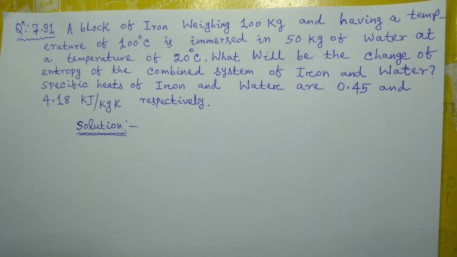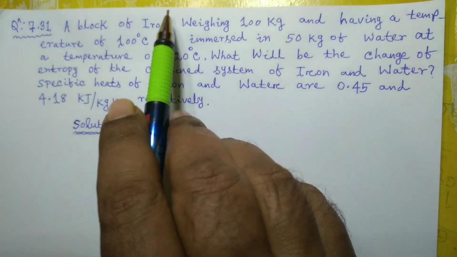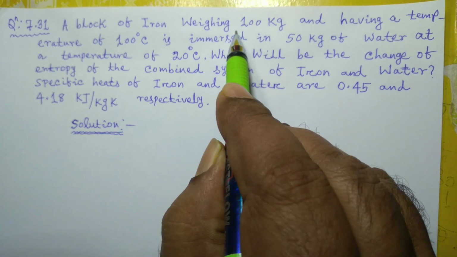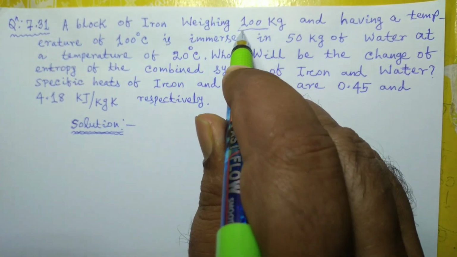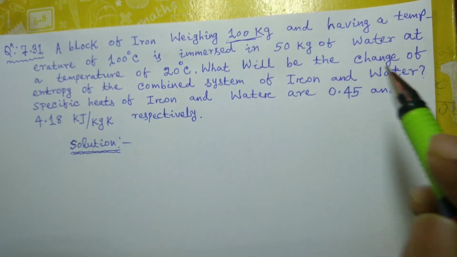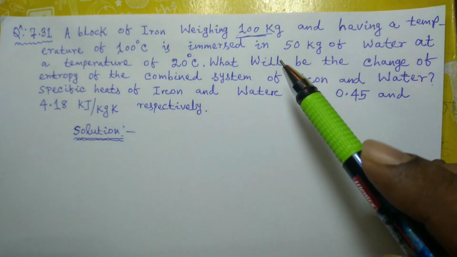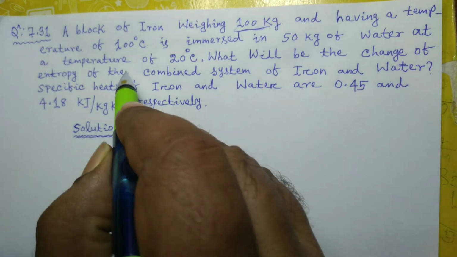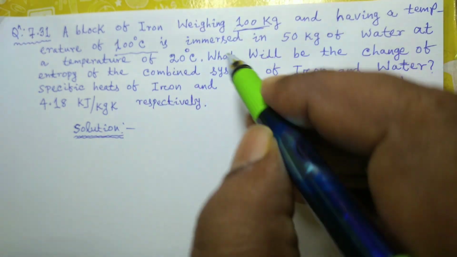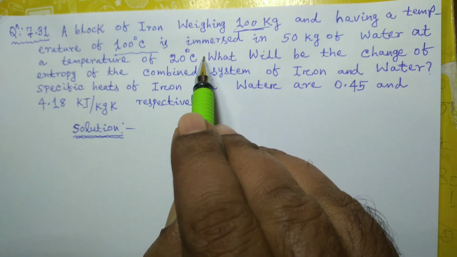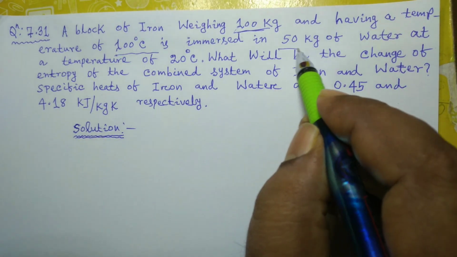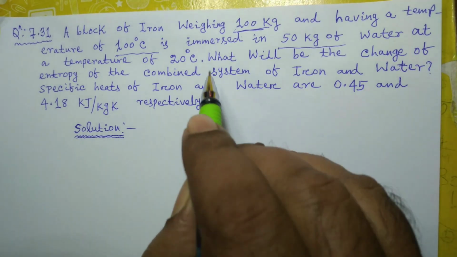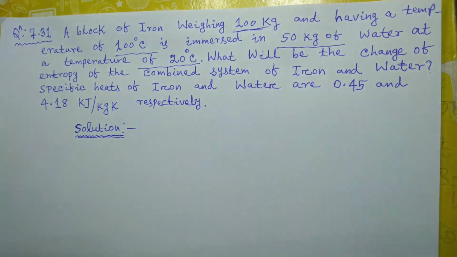Let's get started. A block of iron weighing 100 kg, and having a temperature of 100 degrees Celsius, is immersed in 50 kg of water at a temperature of 20 degrees Celsius.